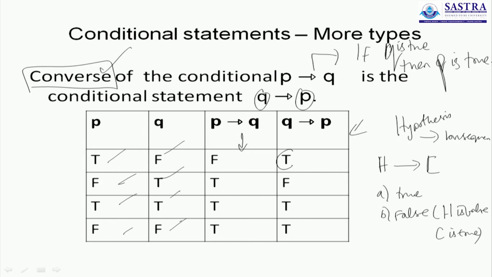If Q is true, then P is true, that's right. If Q is true, then P is true, that's still right. But if Q is true but P is false, that is when you have a false value. And also when both are false, it's still true. That is how you understand the converse of a conditional statement. You just swap the two statements to get the conditional.